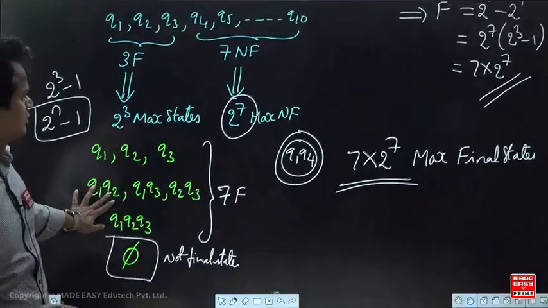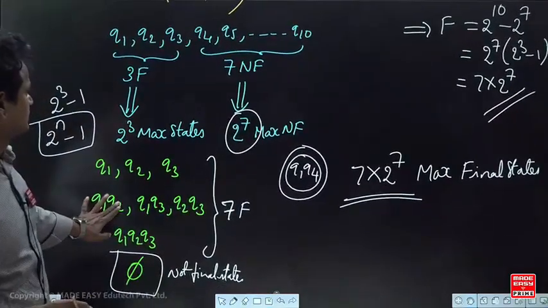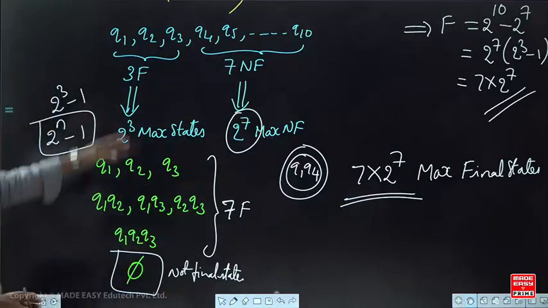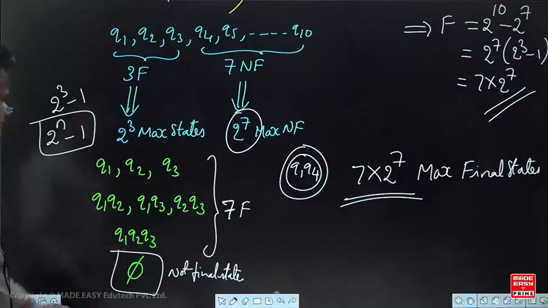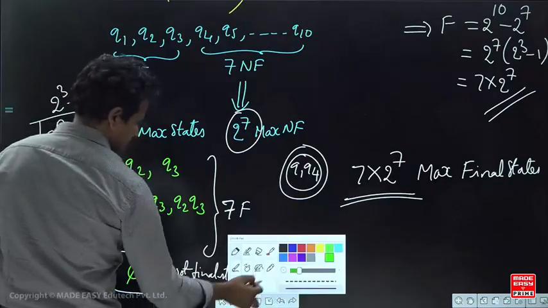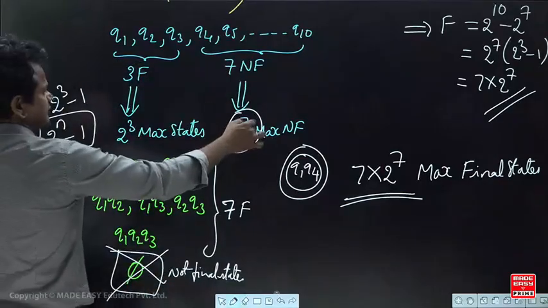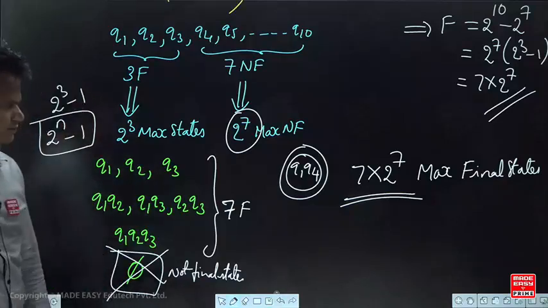This one. So 3 states final, 7 states non-final. So with 3 states, 2 power 3 maximum states. Out of 2 power 3, 7 are final, except this 5. Now 2 power 7 final, non-final. 7 into 2 power 7 are final.